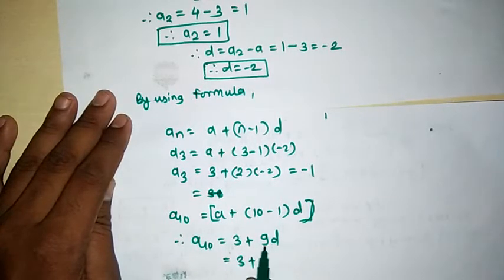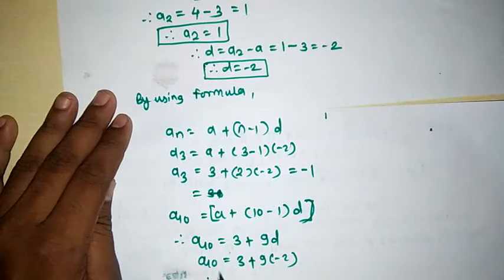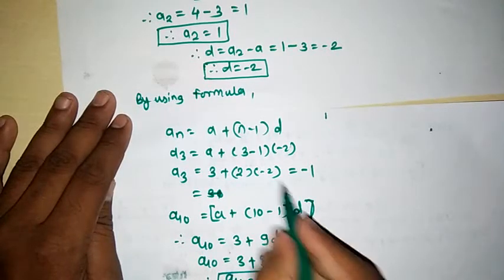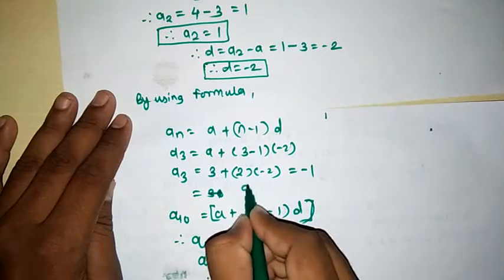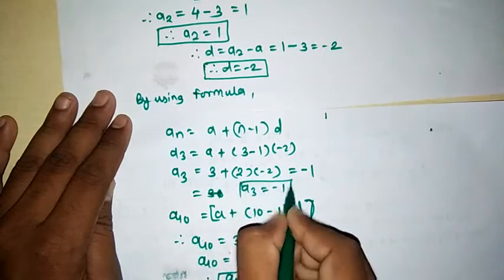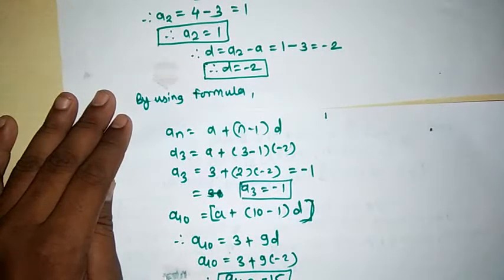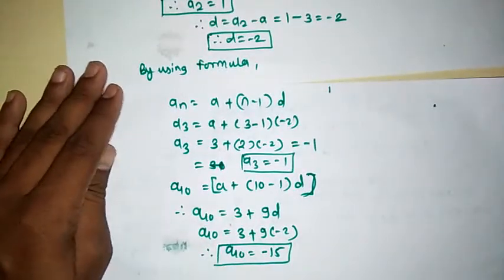D is equal to minus 2 we got here. Put here 9 into minus 2. Therefore, A10 is equal to 3 minus 18 is equal to minus 15. Therefore, A10 we got as minus 15. And here A3 is equal to minus 1, and A10 is equal to minus 15 we got.